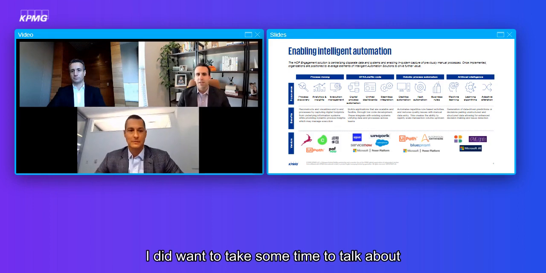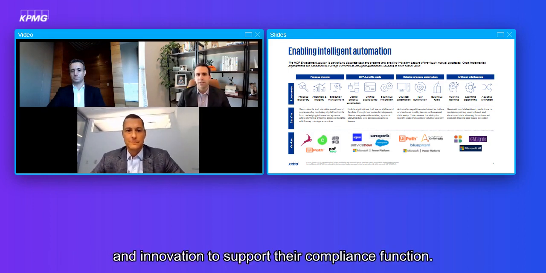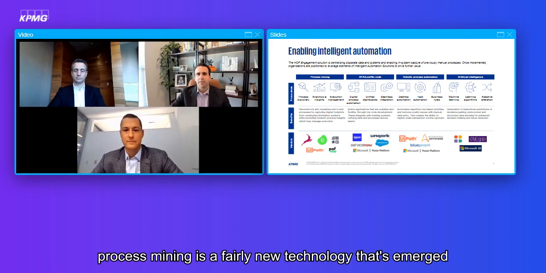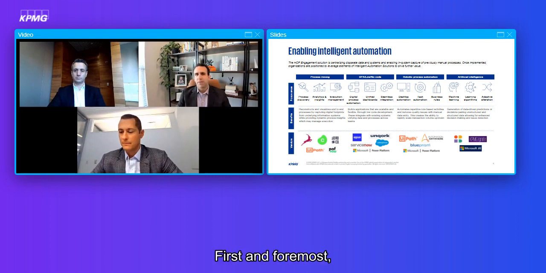I did want to take some time to talk about 3 other areas of where organizations can introduce intelligent automation and innovation to support their compliance function. So starting on the left here, process mining is a fairly new technology that's emerged in just the last few years and helps organizations in a few areas.